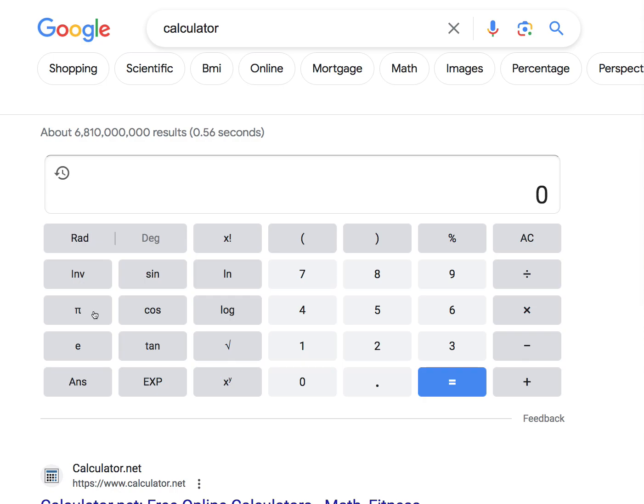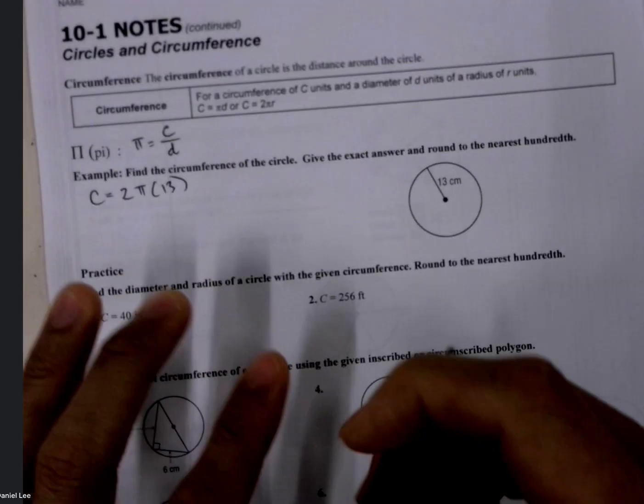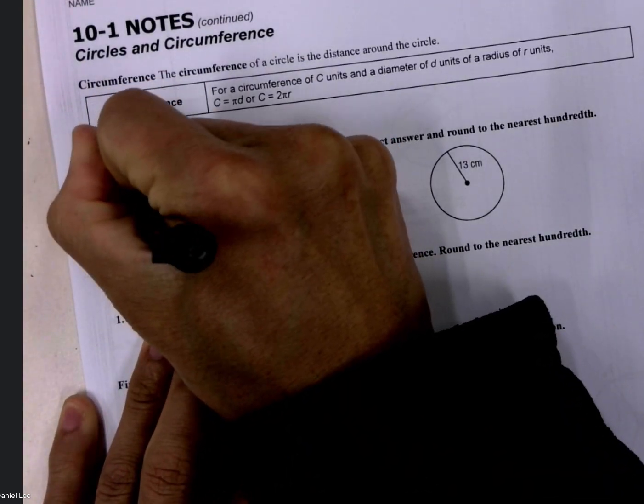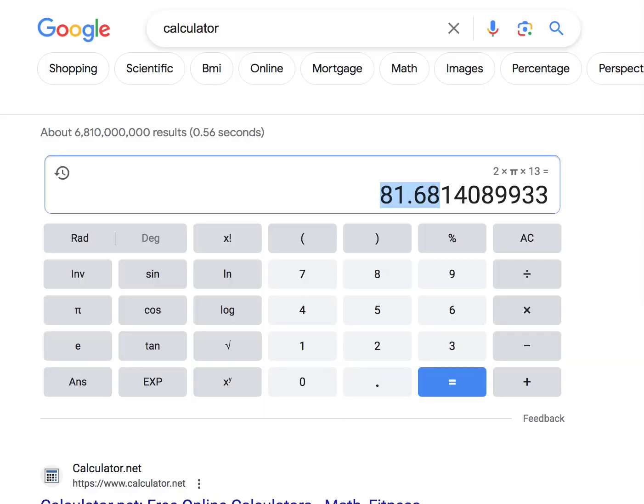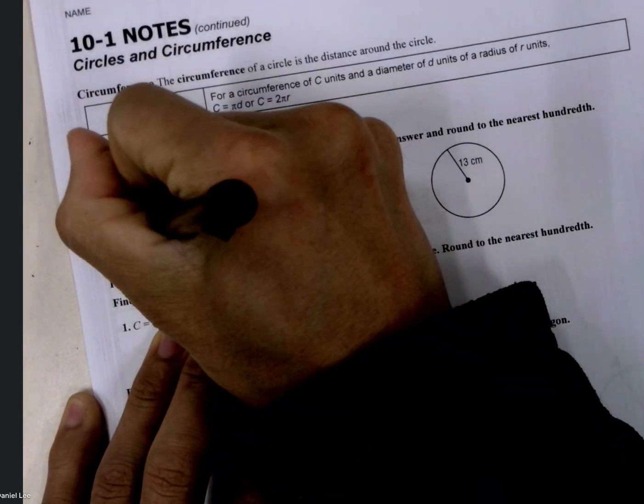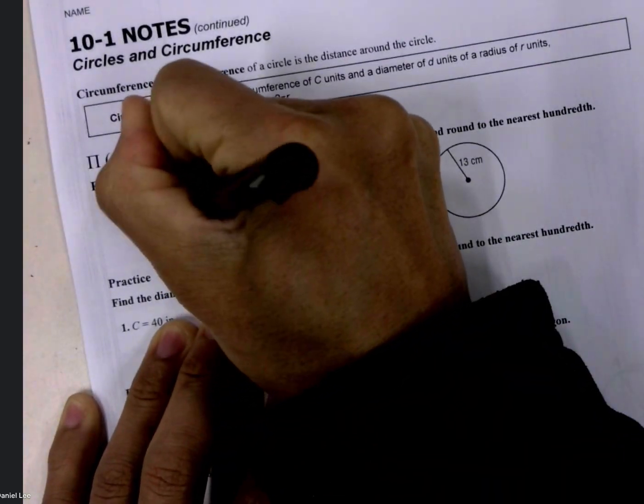So we can go ahead and say 2 times pi times 13 is equal to, and we're going to round to the nearest hundredth place, and the hundredth is there. So to round, we're going to look at the thousandths, and since it's 1, it's going to stay the same. So it's going to be 81.68. Let me check that, was it 81.68? Yes, 81.68.